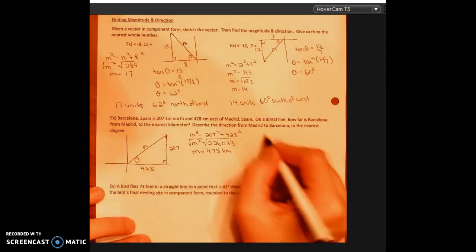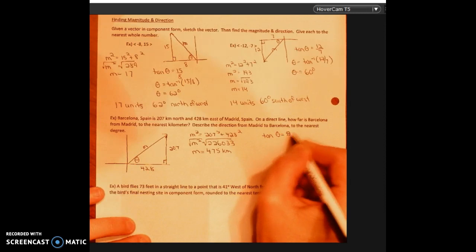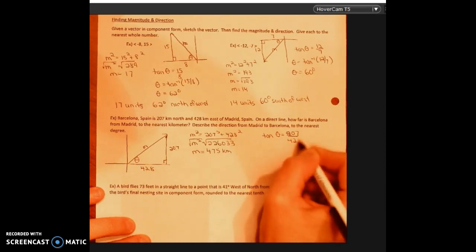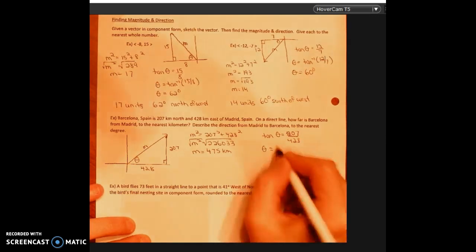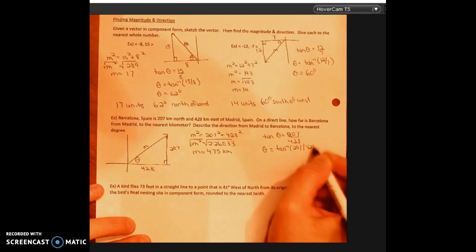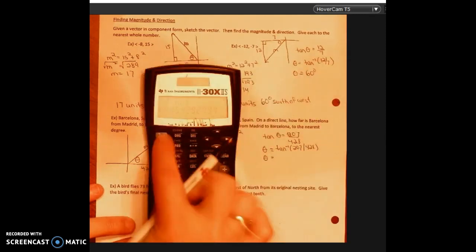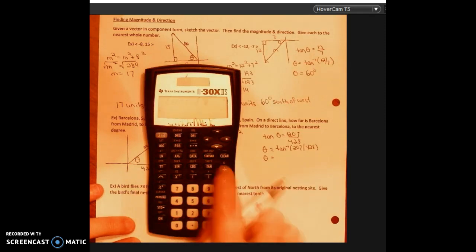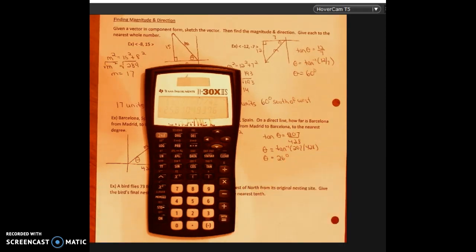Opposite over adjacent. Tangent of theta equals 207 over 428. Again, we're going to do inverse tan of 207 over 428. Plugging that in our calculator, we end up with an angle of 26 degrees.